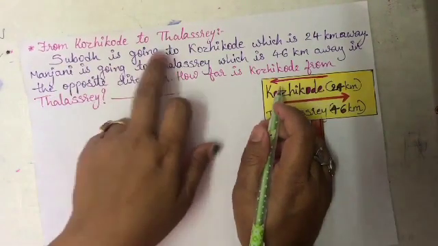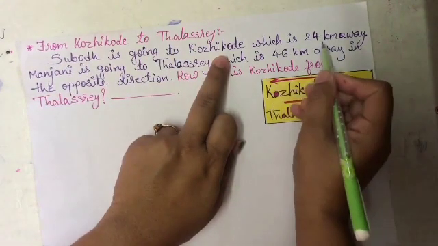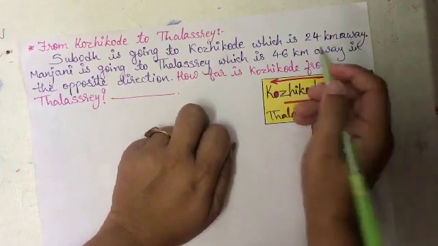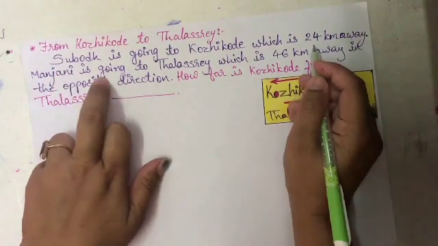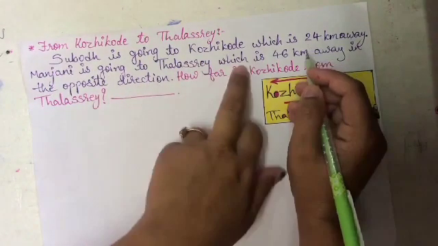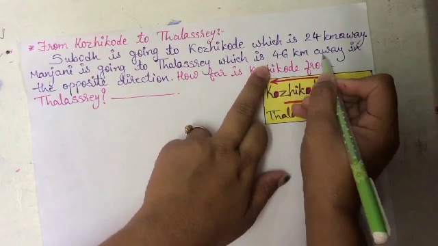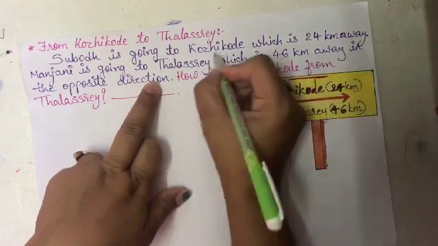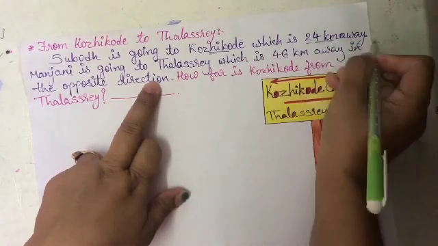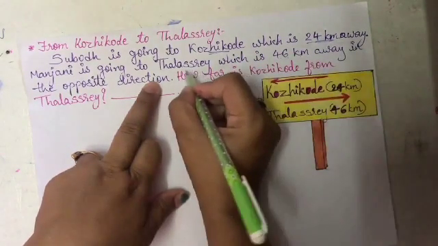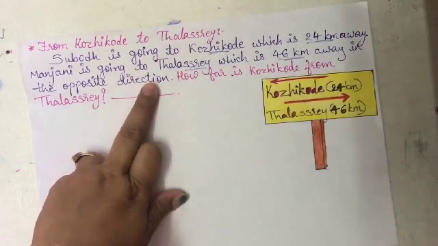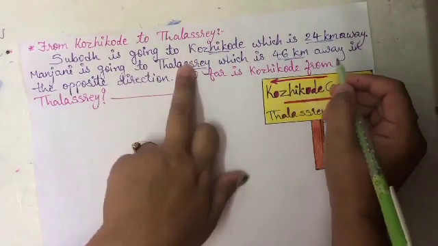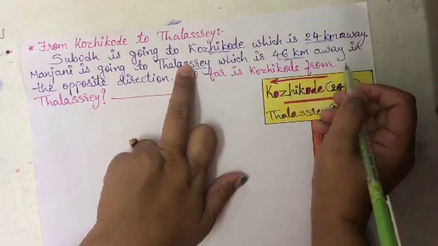So Chubod is going to Kozhikode, which is 24 kilometer away, and Manjani is going to Thalassery, which is 46 kilometer away in the opposite direction. Kozhikode is 24 kilometer away, and Thalassery will be 46 kilometer away, but Thalassery is in the opposite direction.